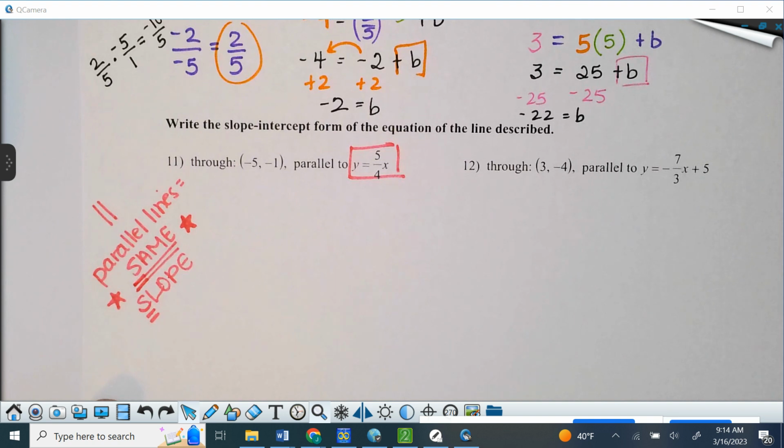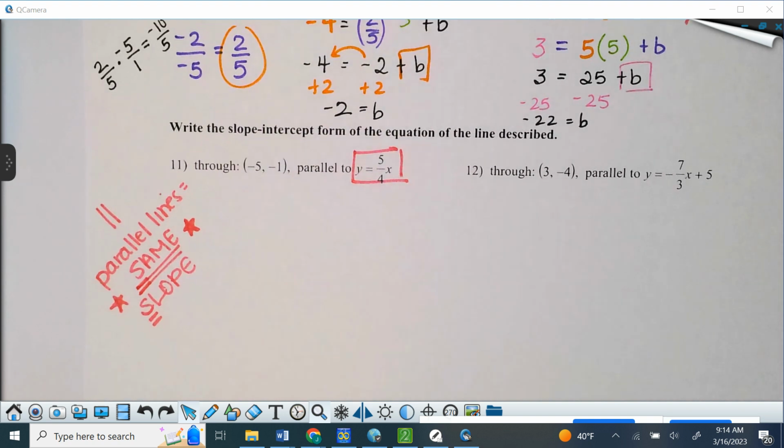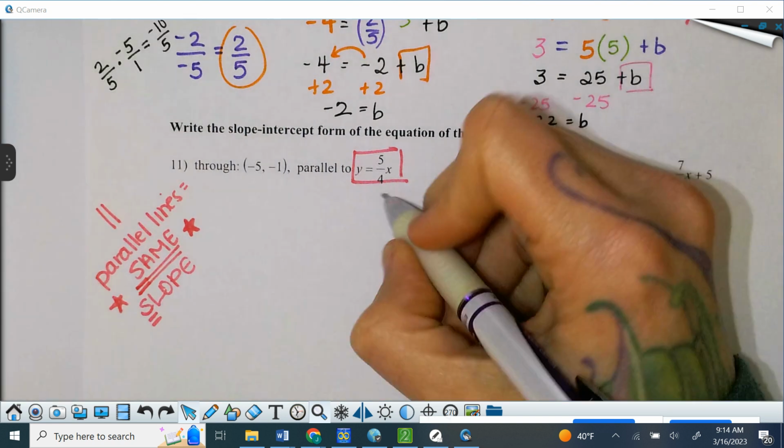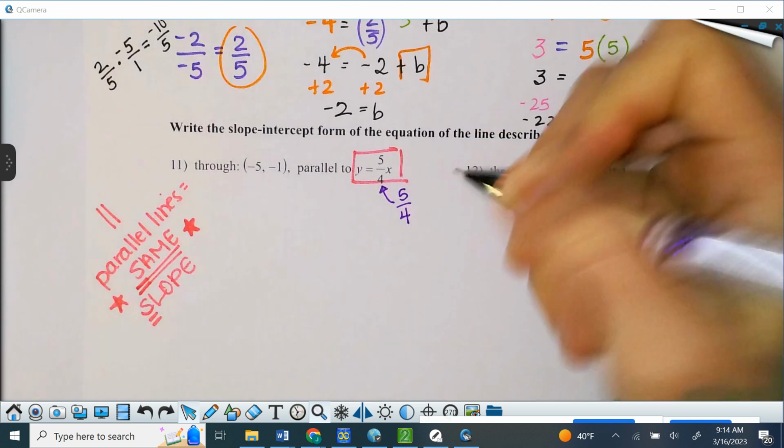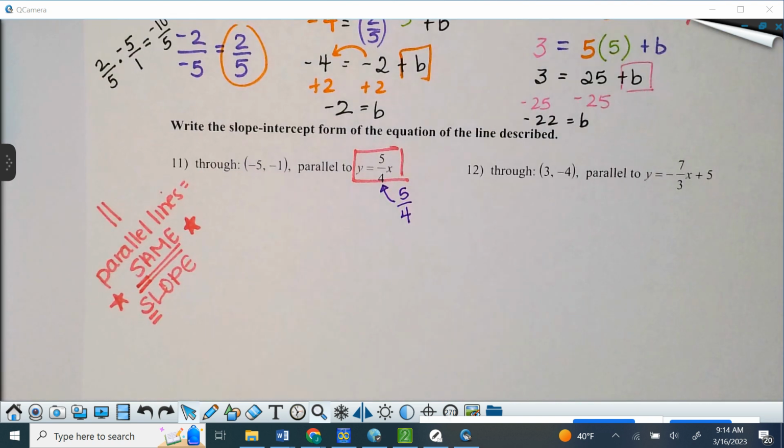So in the equation y equals 5 over 4x, what's the slope? Good. Awesome. So 5 over 4. That's what we have to identify first. So we need slope and we need y-intercept to write the equation every time. So slope is the easiest, especially if it's given in slope-intercept form, like y equals mx plus b.